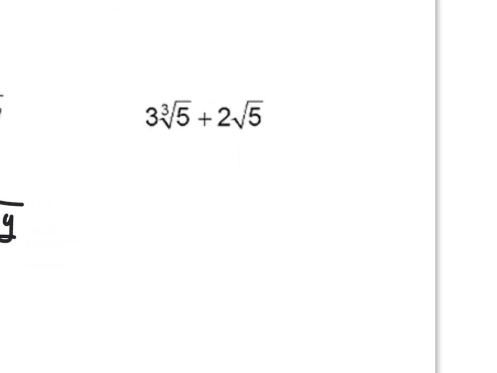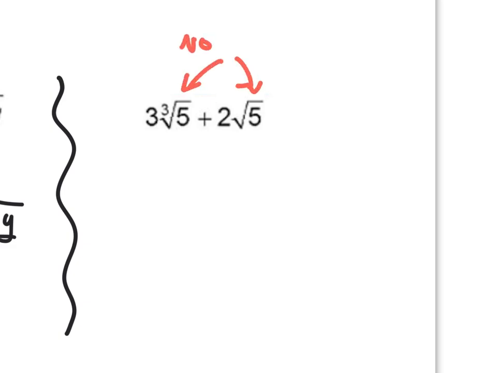Okay, now over here, this is an interesting one. On this one, these are not like radicals, and I'm going to write that up here: not like radicals. So this is simplified.